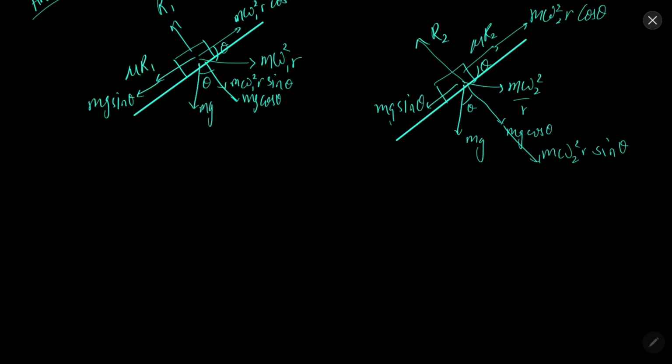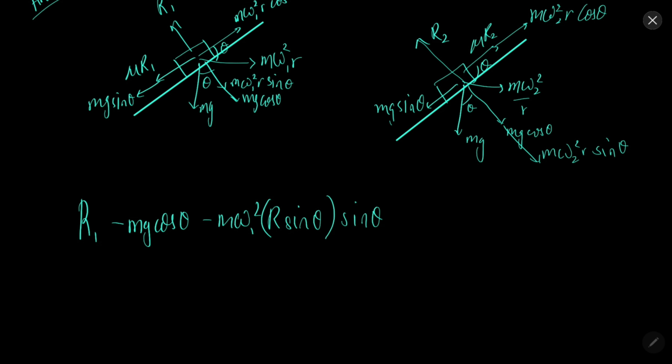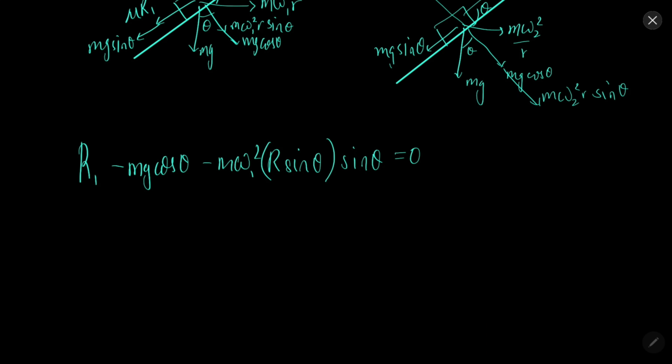So once you use all these equations, all these diagrams and everything, you will find that N1 minus mg cos theta minus m omega 1 square r sin theta into sin theta equal to 0.